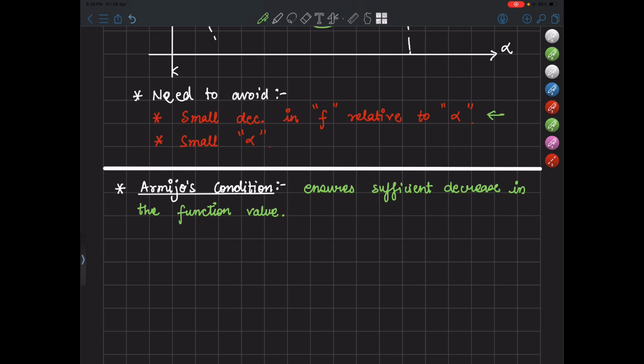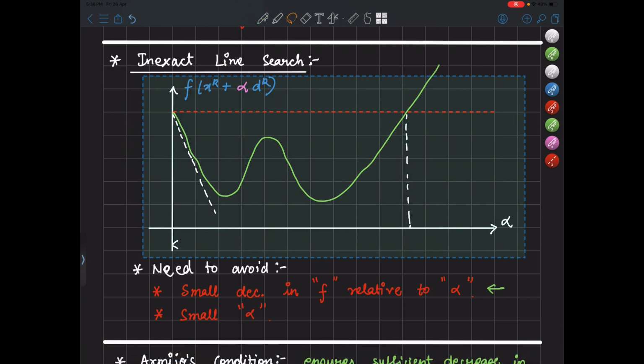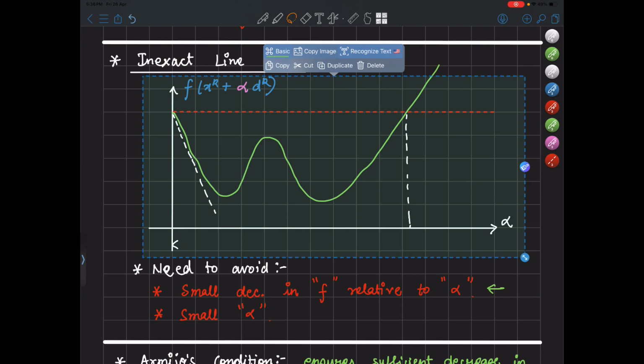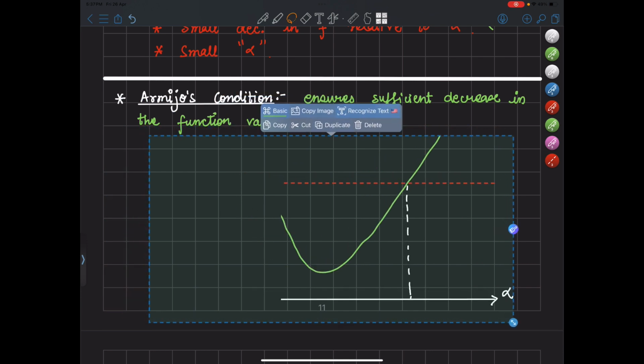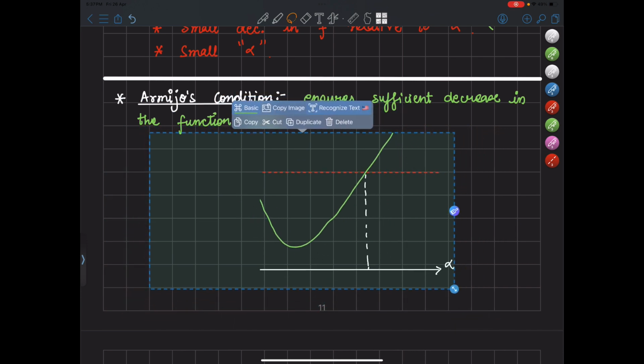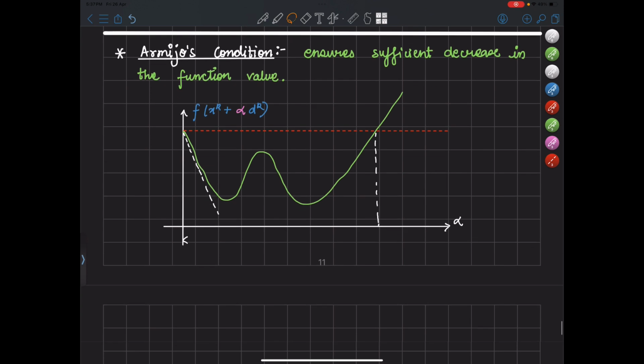Let me copy the diagram and paste it here, reduce the size. Alright, so this is the Armijo condition. First we'll define it mathematically, and then we'll show it on the graph.